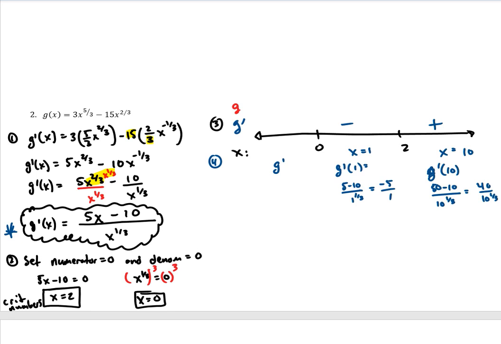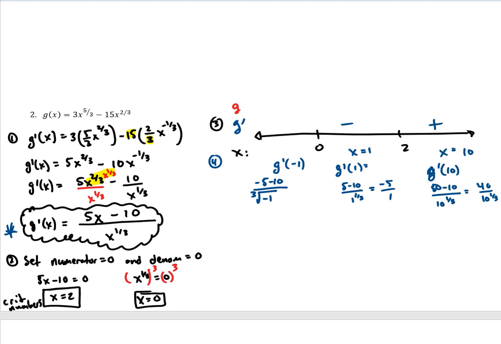Okay, and let's get our last one. We have g prime of anything less than 0. I'm going to choose negative 1. If we choose negative 1, we have 5 times negative 1 is negative 5, minus 10, over negative 1 to the 1/3. The 1/3 power is the same thing as the cube root.